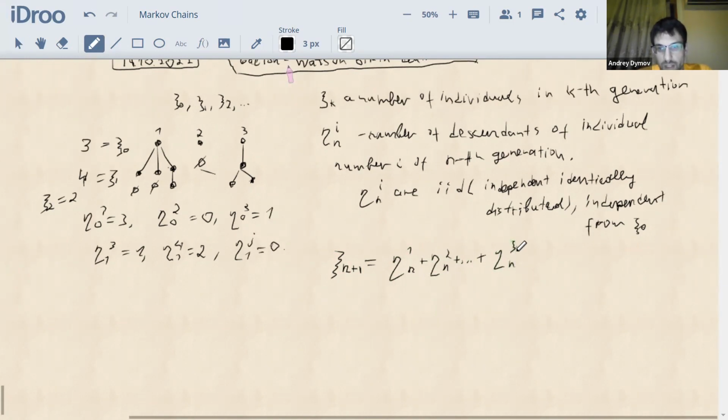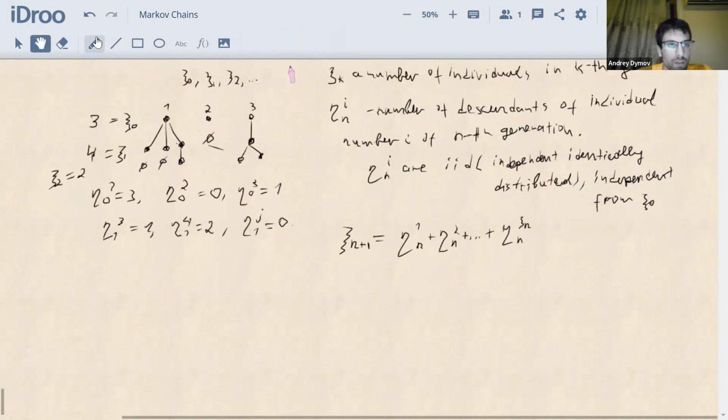So the number of individuals in the next generation equals the sum of these random variables eta, but the number of elements in this sum is random, you see? And all the entries of the sum are independent and identically distributed. So this is the main formula.